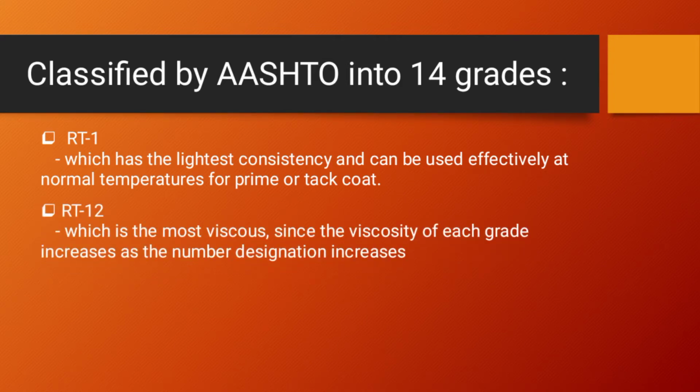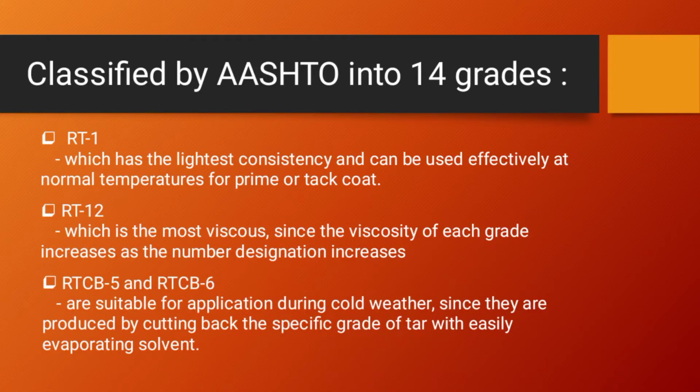RT12 is the most viscous, since the viscosity of each grade increases as the number designation increases. Then RTCB5 and RTCB6 are suitable for application during cold weather since they are produced by cutting back the specific grade of tar with an easily evaporating solvent. Detailed specifications for the use of tars are given by AASHTO designation M52-78.